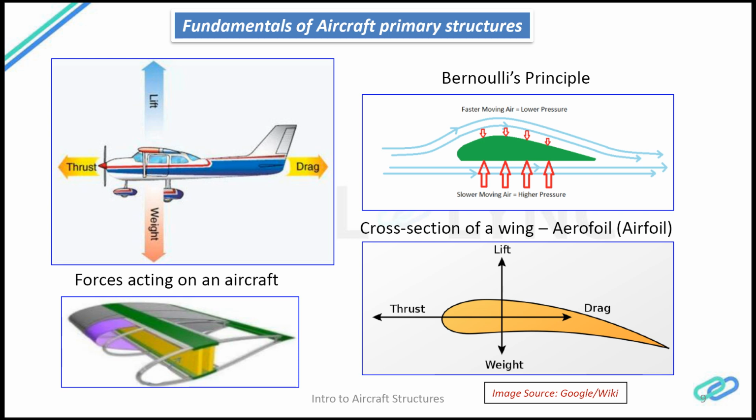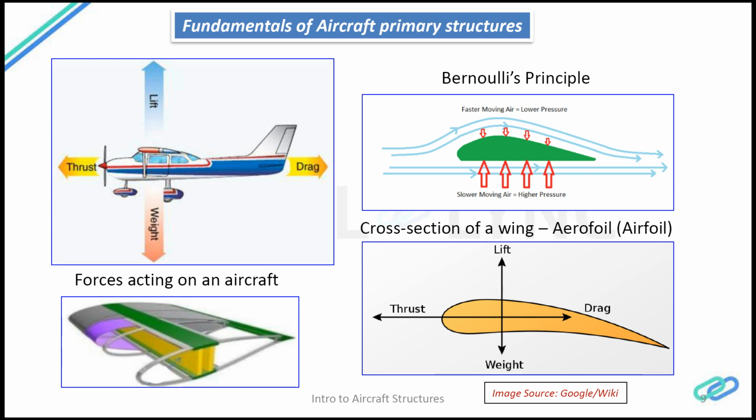So you see an aircraft which is in flight, there are four types of forces that balance each other. Well, first one is the thrust, which is produced by the engines, the power plants. And then the lift generated by the aircraft wings, and the drag and the weight.